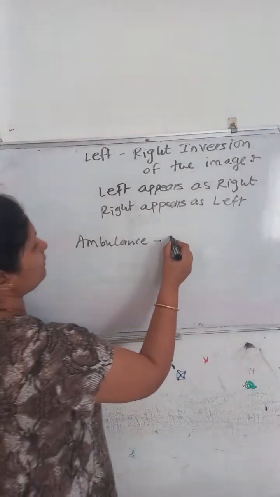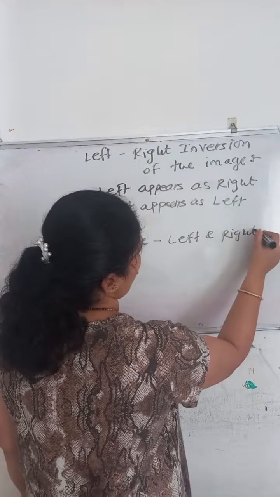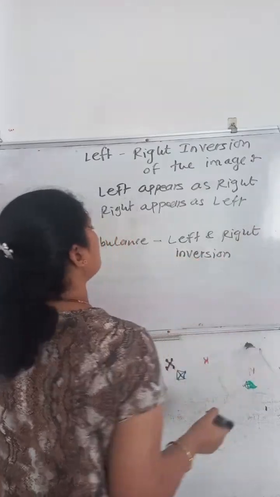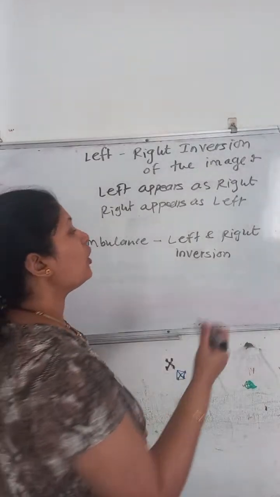Write down here: left and right inversion. If they ask this reason in the exam, then write left and right inversion of the image.